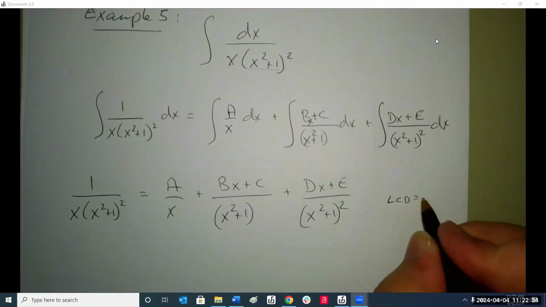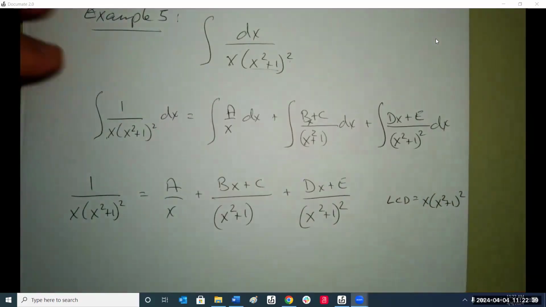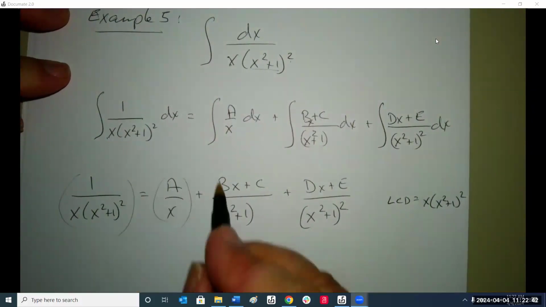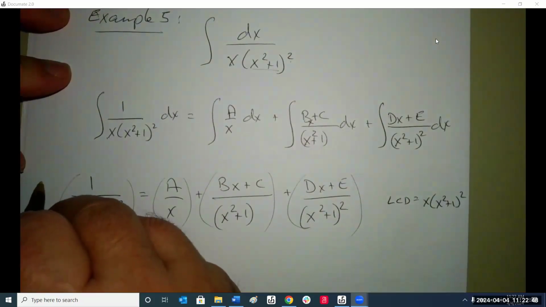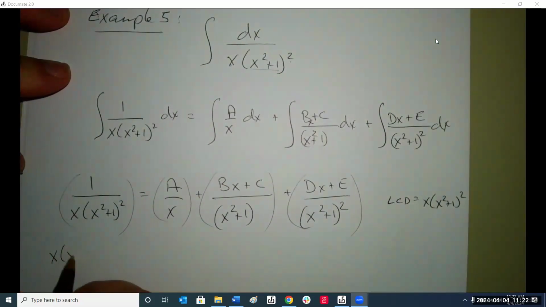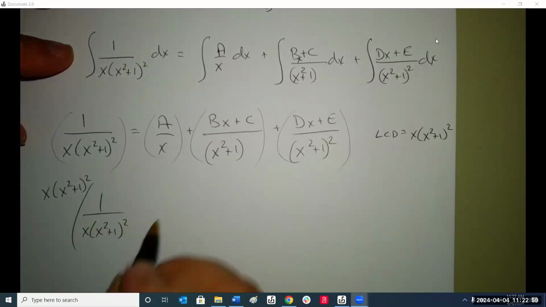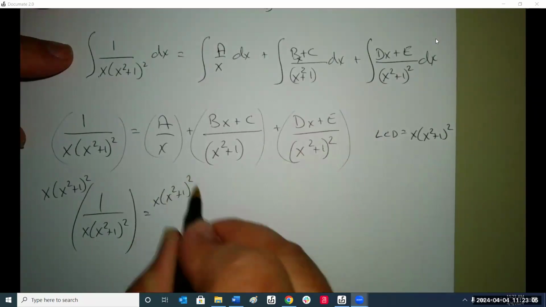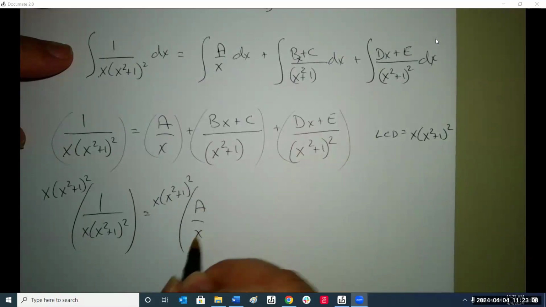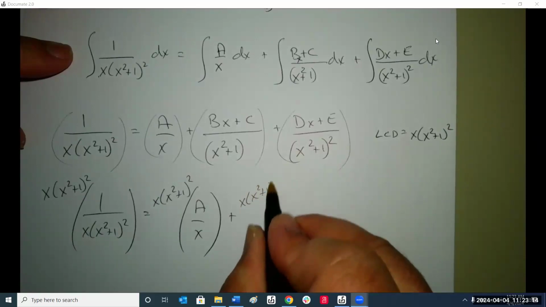The LCD is x squared plus 1 squared. We have x squared plus 1 squared times 1.